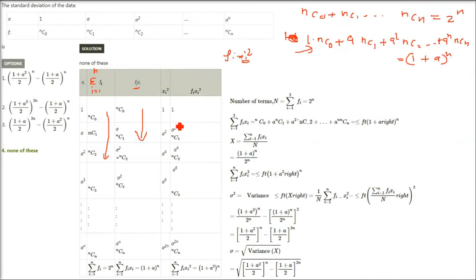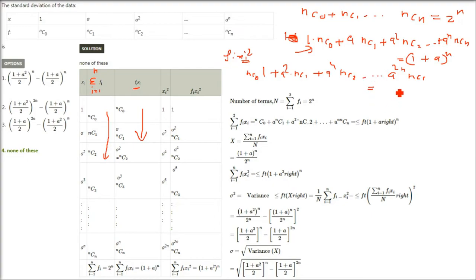Now when we do this summation of fi xi whole square, it is nC0 into 1 plus a square nC1, a raised 4, nC2, like this, a to the power 2n, because it's going to the power of 2n, and then we have nCn. Now again going to the binomial, the summation of this will be what?